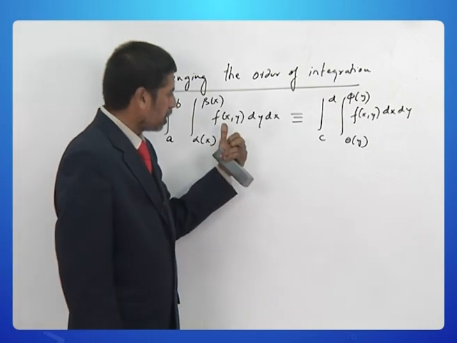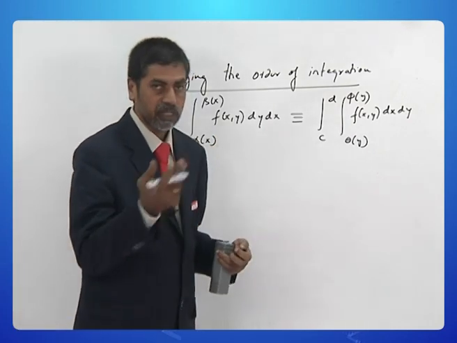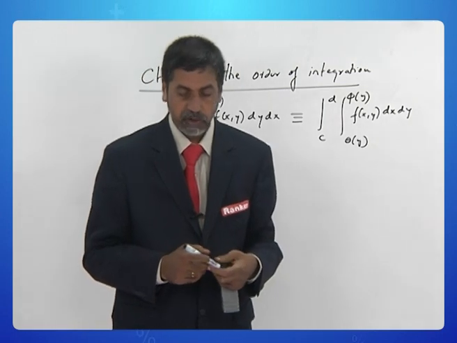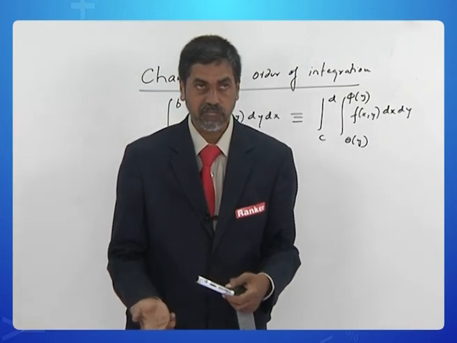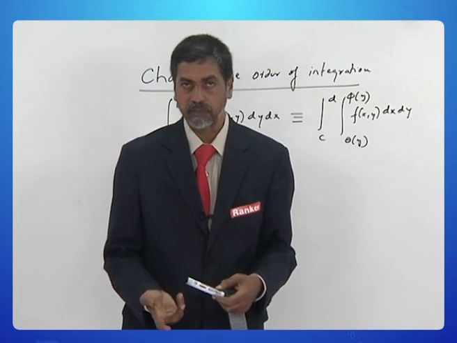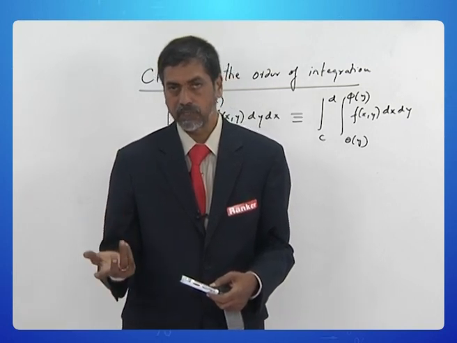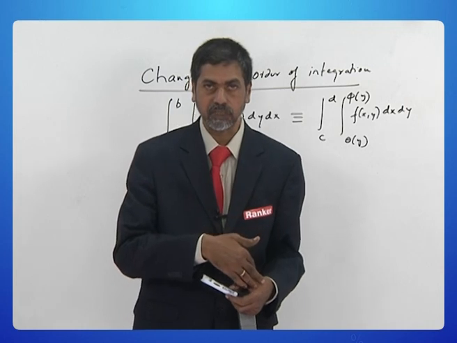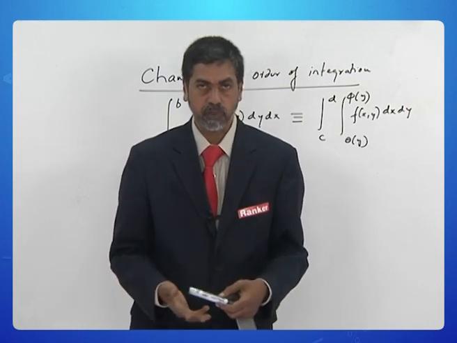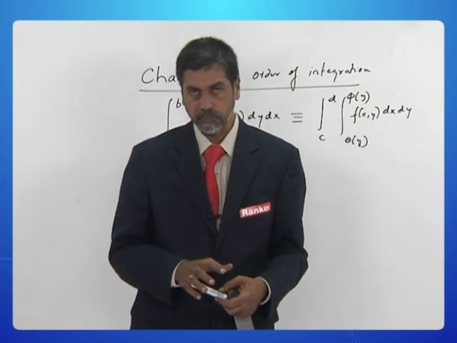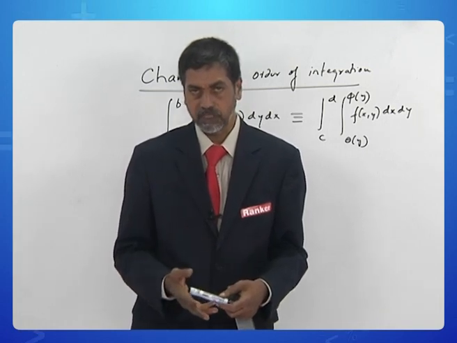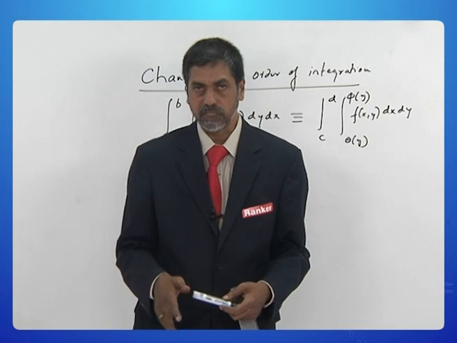Sometimes an Rx region may not be a single Ry region. It may become a sum of two or more Ry regions. But that may become necessary because we want to integrate. Similarly, an Ry region may not correspond to a single Rx region, and it may have to be broken into 2 or 3 parts. So it all depends upon the geometry of the region. Now let me explain an example by which we can understand this concept.